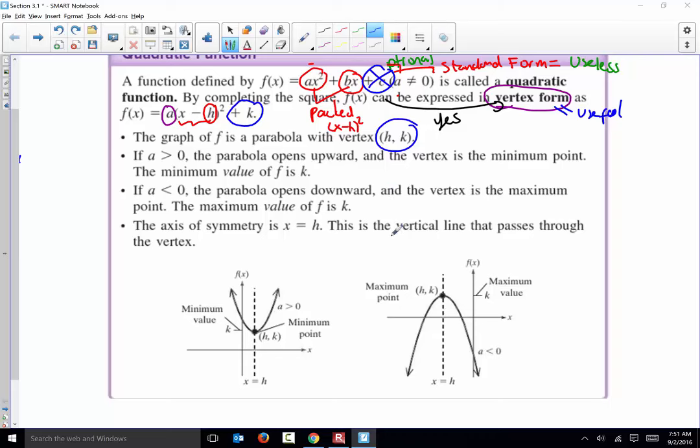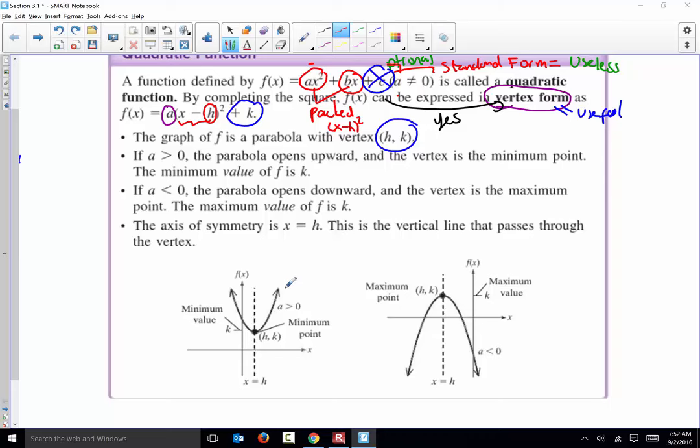What's the meaning of vertex? When you graph these quadratic functions, we always get a shape called a parabola. So the shape of quadratic functions is always called a parabola. There are two shapes possible.